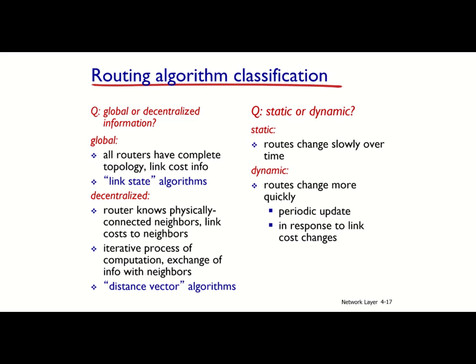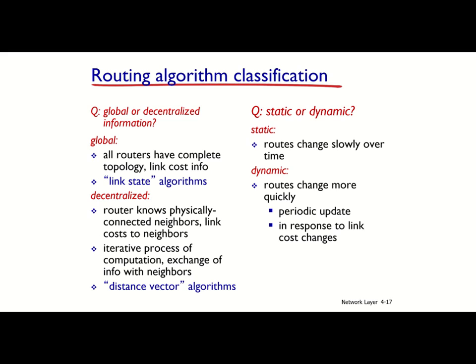In these algorithms, we use an iterative process of computation and exchanging information between neighbors to find a solution for the least cost path between two nodes, and this solution eventually converges to the optimal solution that an algorithm with global information can obtain.